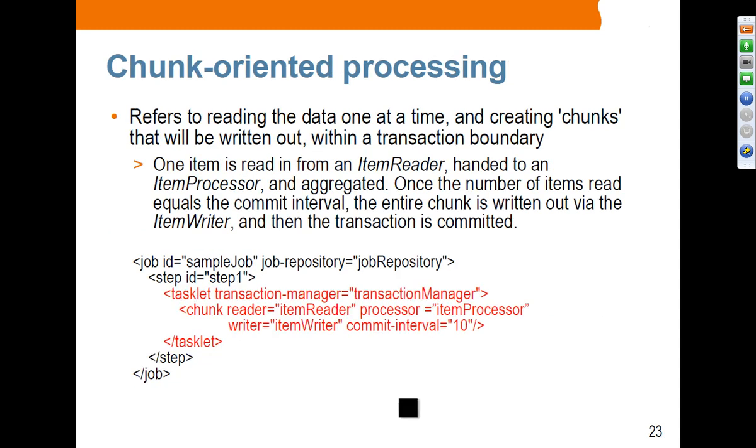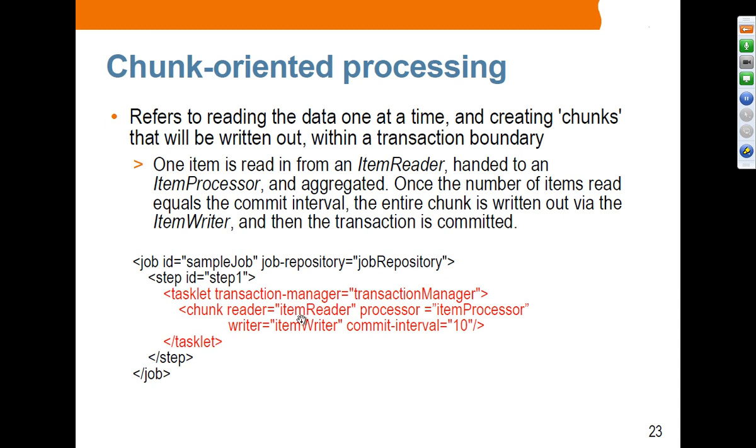So this is an example where you are going to specify chunk-oriented processing, where you are going to read one item through an item reader, and you're going to process it using an item processor, and then you're going to write a chunk of those into output using an item writer. So here, this job has a single step, and it's named step 1, and then it does have a tasklet, and then it has a chunk. Okay, so this is chunk-oriented processing. So it will use the item reader called itemReader.